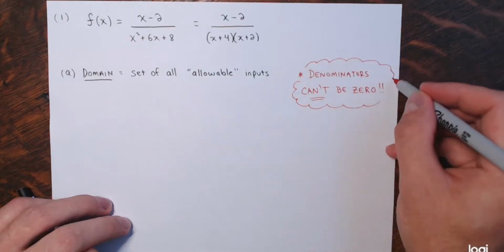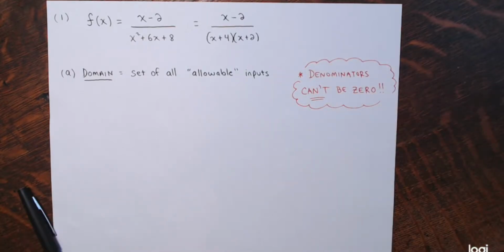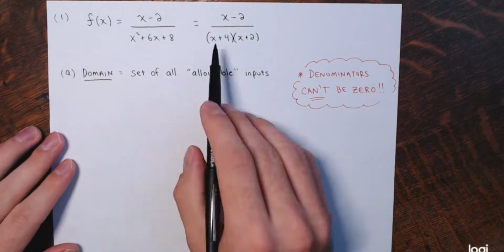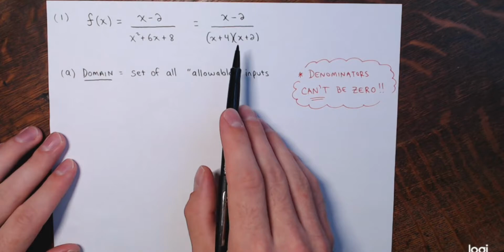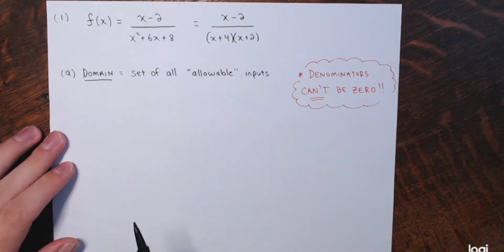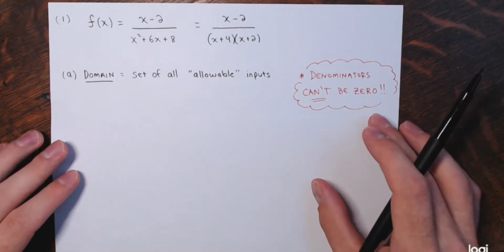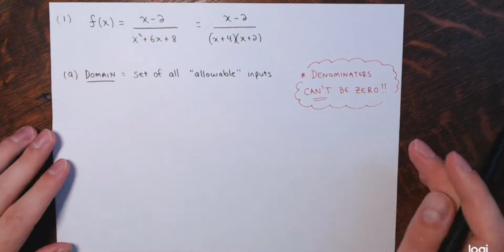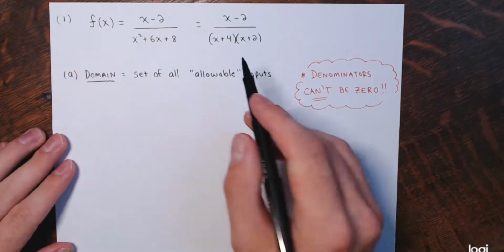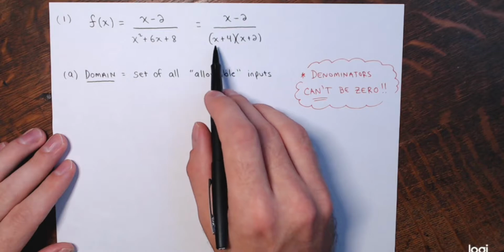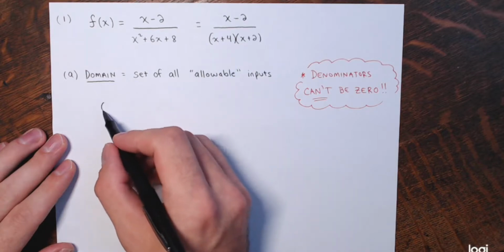And division by 0 is an undefined operation. You'll have an undefined expression. I would like to be able to plug in values of x and actually get defined values of y, or values of f, defined outputs.